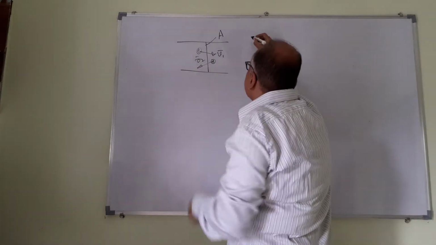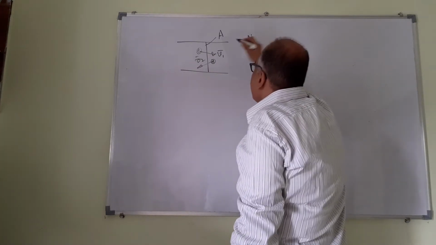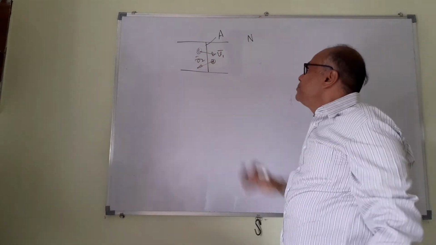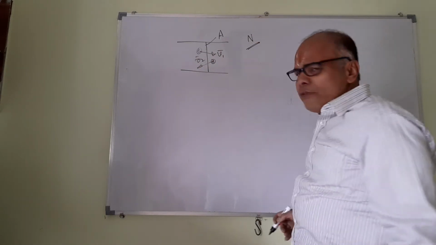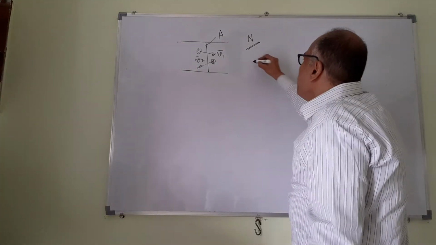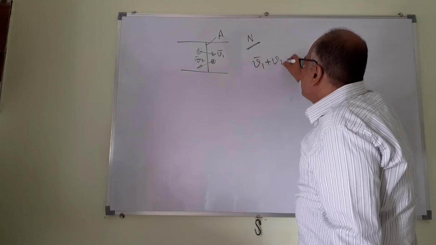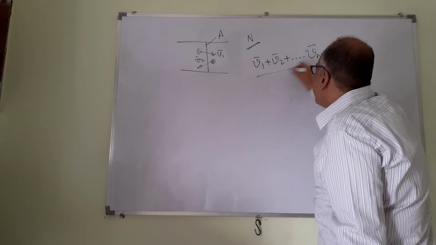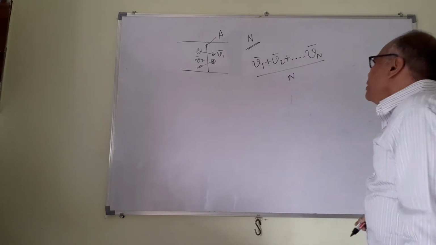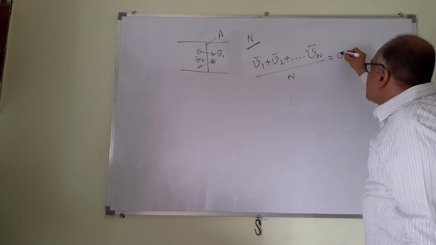If n electrons are crossing this area, and we find the average velocity, V1 plus V2 up to Vn, divided by n, this quantity turns out to be 0.